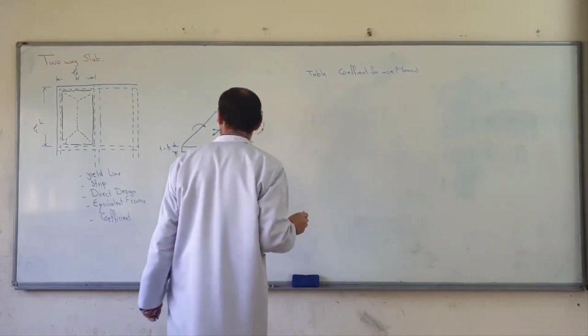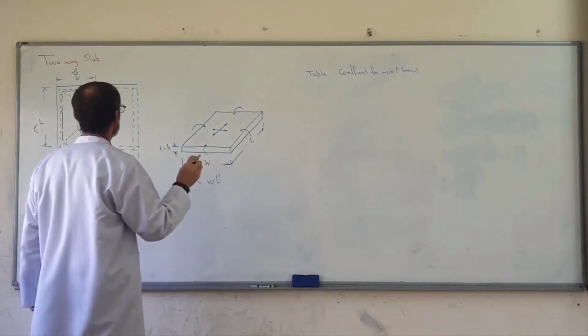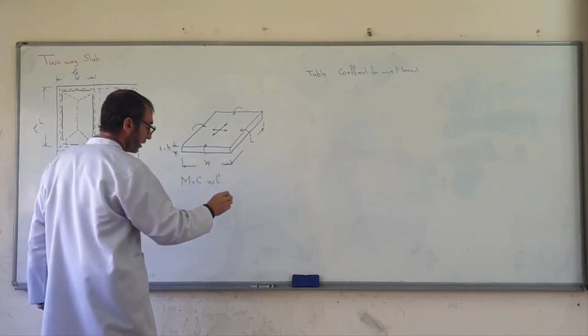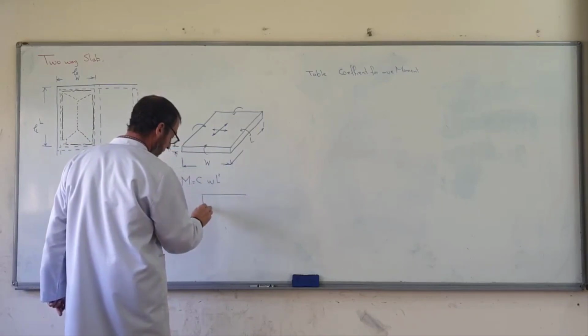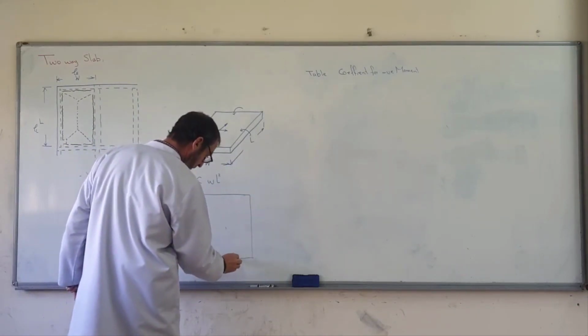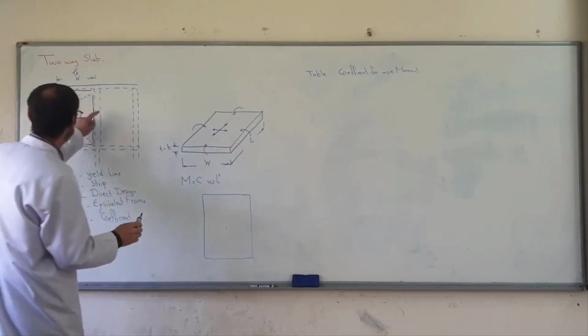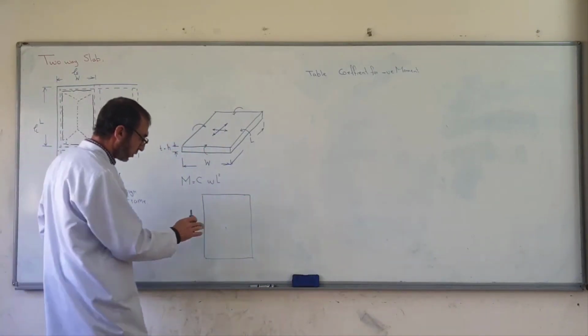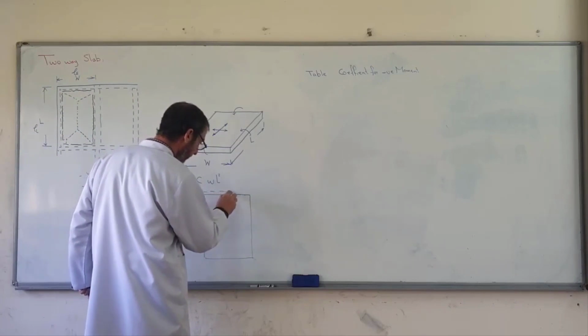See here, in the slab we have the directions LA and LB. Let me draw the slab. This is one of the slabs, maybe continuous, maybe not continuous, depending on the location.